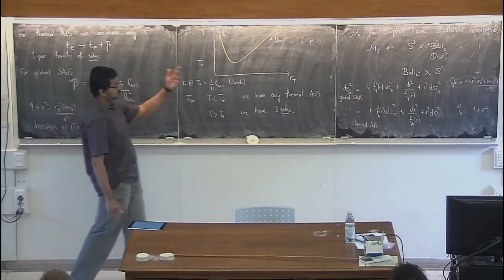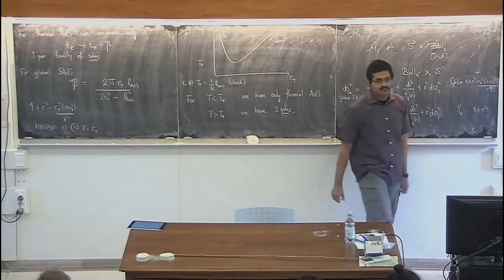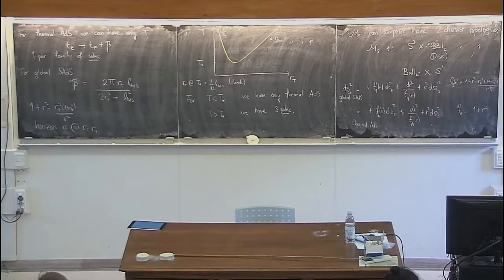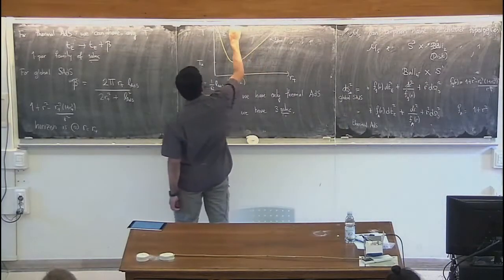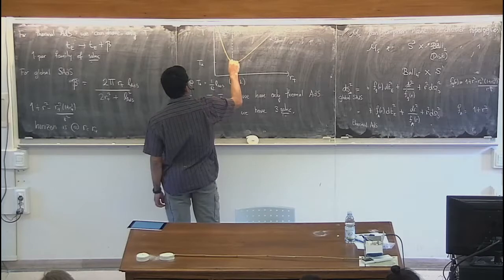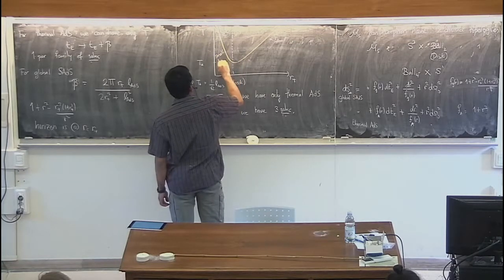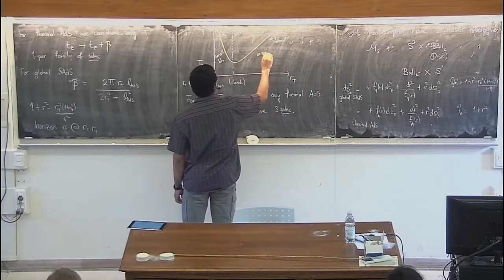Because parameterized in terms of temperature, this is double valued. So I have two black hole solutions for a given temperature. I'll call this branch the small black hole branch, and this branch the large black hole branch.